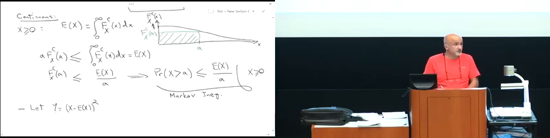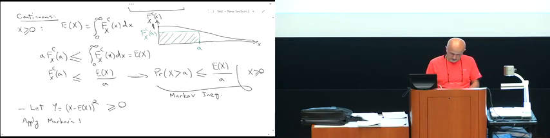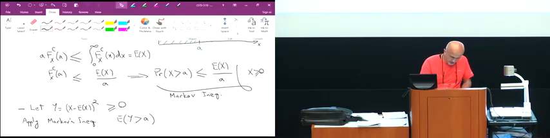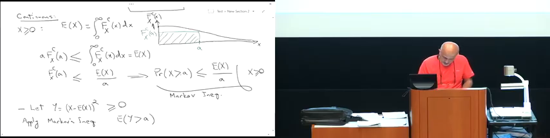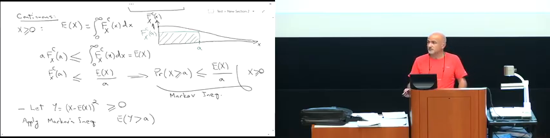Well, if the random variable Y is the square of some other random variable, here that random variable is X minus the mean of X squared, clearly Y is non-negative, so I can apply Markov. And what happens when I apply Markov? Well, this says that the probability that Y is greater than a.